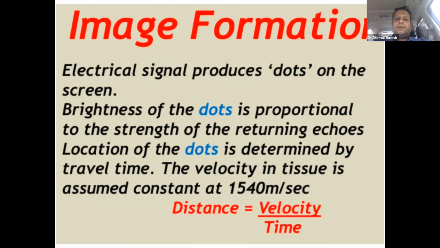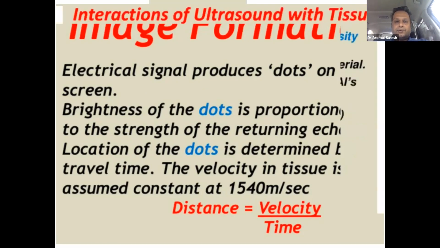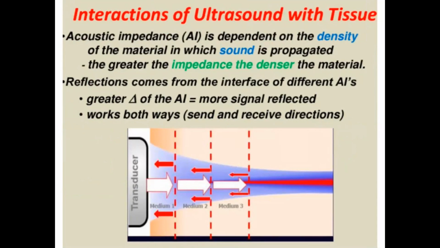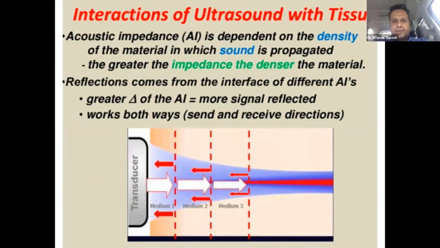The brightness of the dots is proportional to the strength of the returning echo. The location of the dots is determined by the travel time and the velocity in the tissue as well. By using this, the electronic signal is converted into a grayscale image.